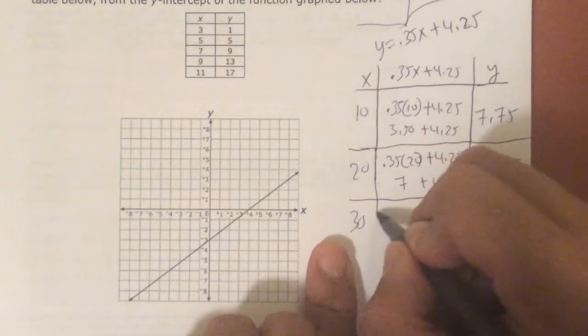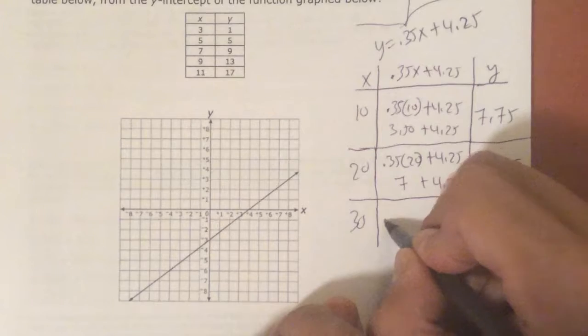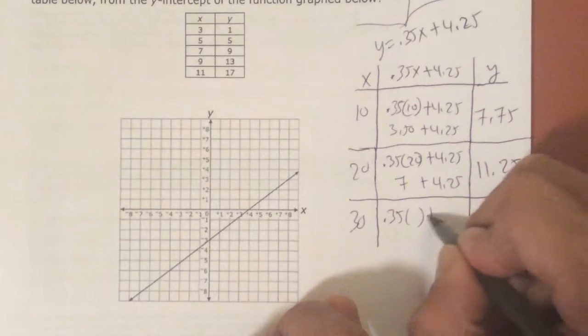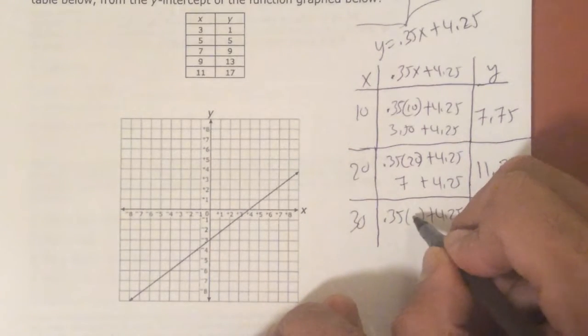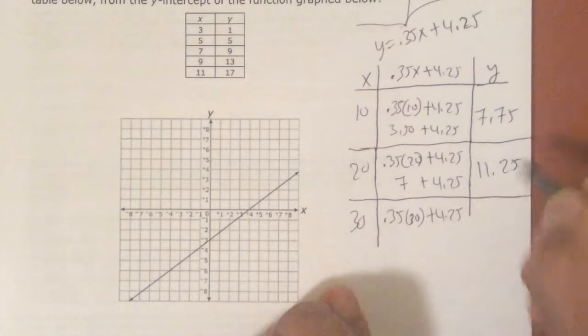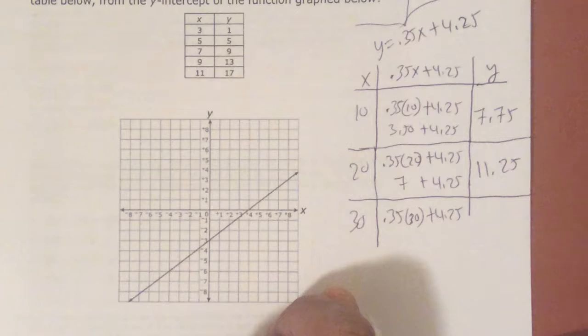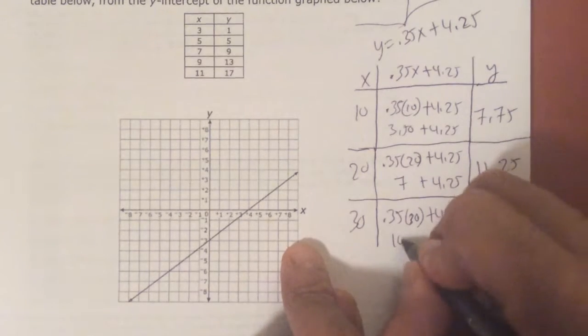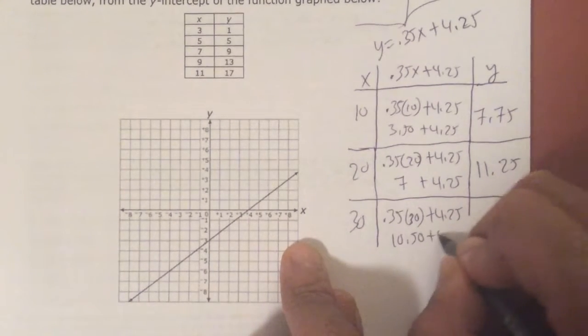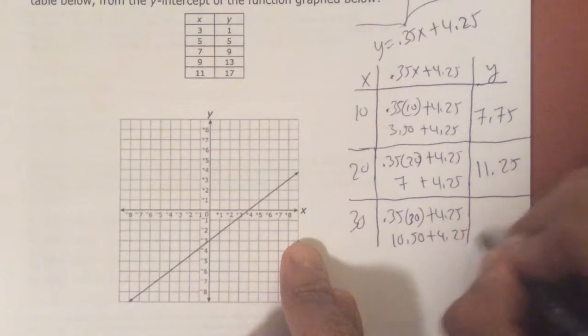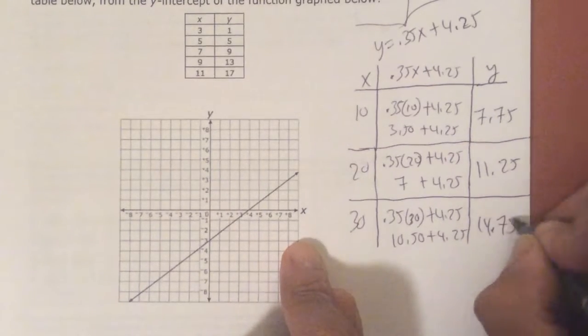So this time I'm going to try 30. So 0.35 times the parentheses plus 4.25, and instead of the parentheses, I'm going to put 30. So 0.35 times 30 comes out to be 10.50, plus $4.25 comes out to be 14.75.